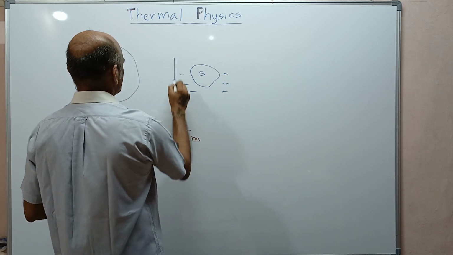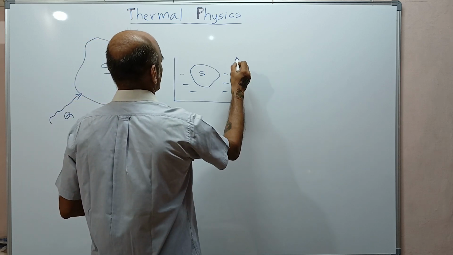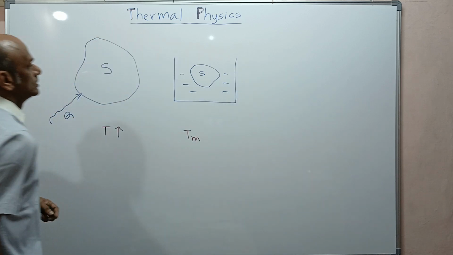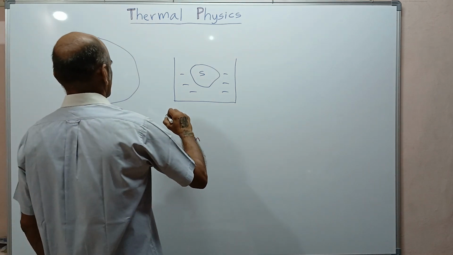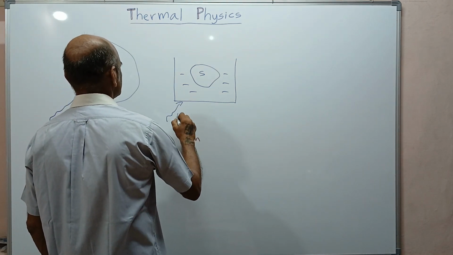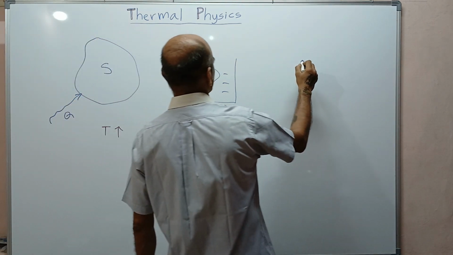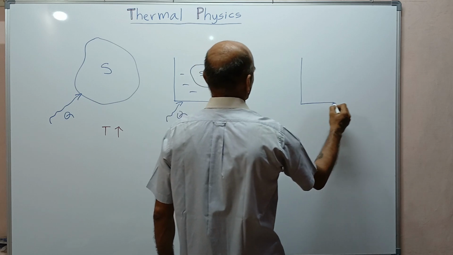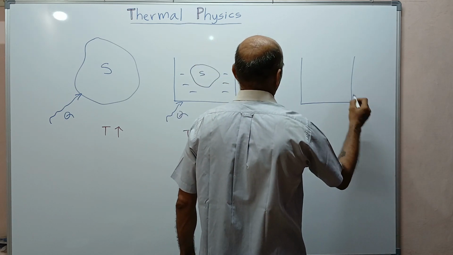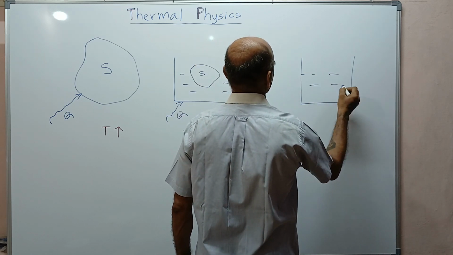Obviously we need a container to keep this. If more heat is supplied, the amount of solid will reduce and the amount of liquid will increase until it becomes fully liquid.